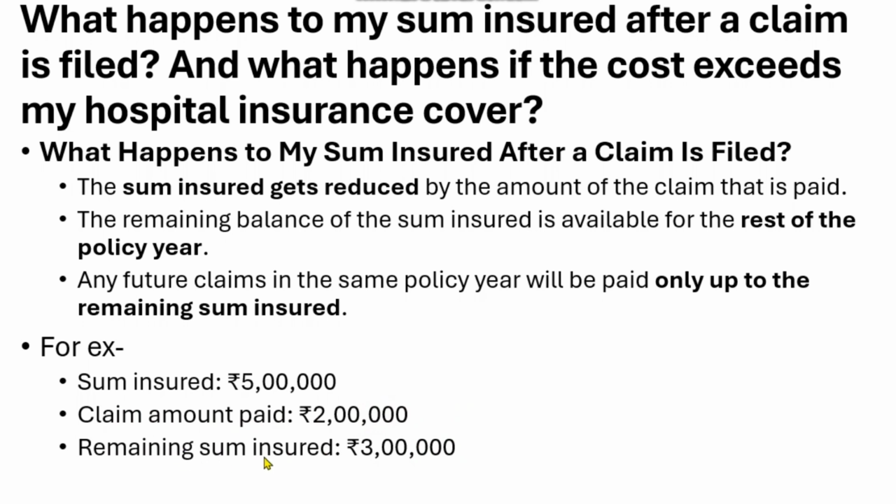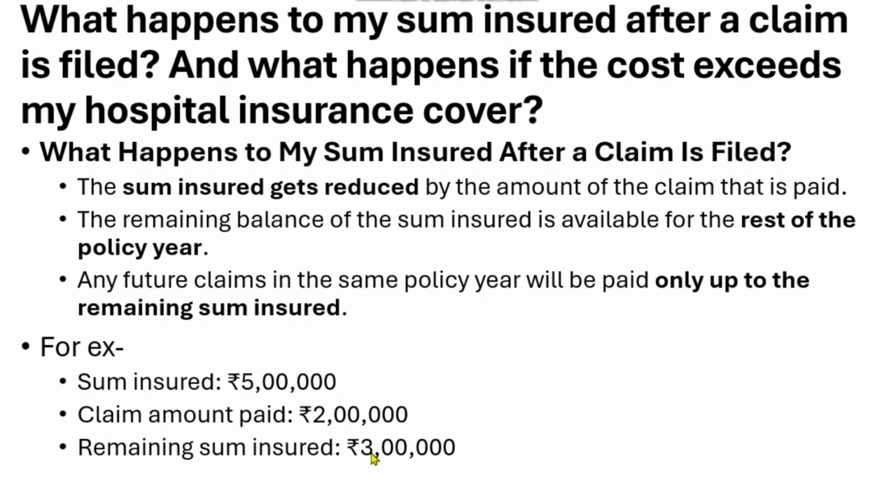Then the remaining sum insured available for the year, if you are going for a second claim or second reimbursement, is only this 3 lakh, which will be applied to your next treatment or reimbursement. The sum insured gets reduced by the claim amount, and the remaining balance is available for the rest of the policy year.